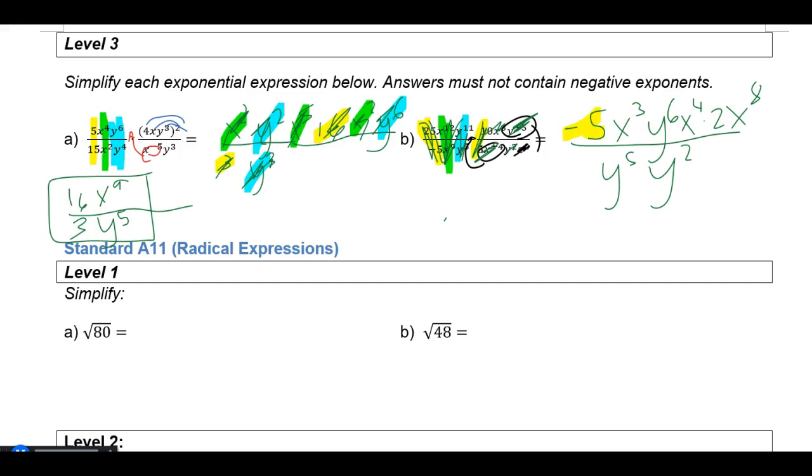I have one more swing of simplification to do. Got all these x's, and I got all these y's. So, negative 5 times 2, negative 10.